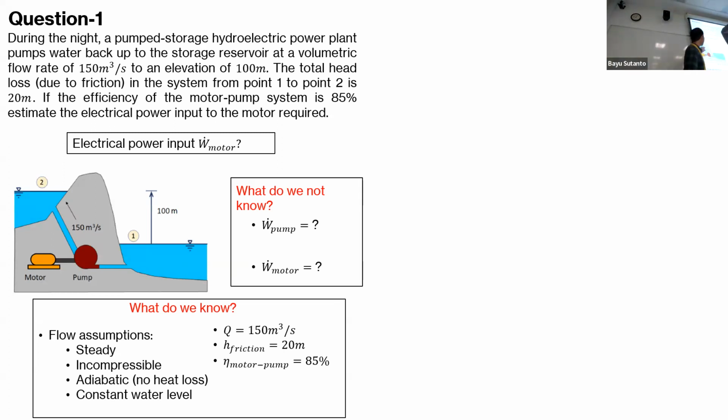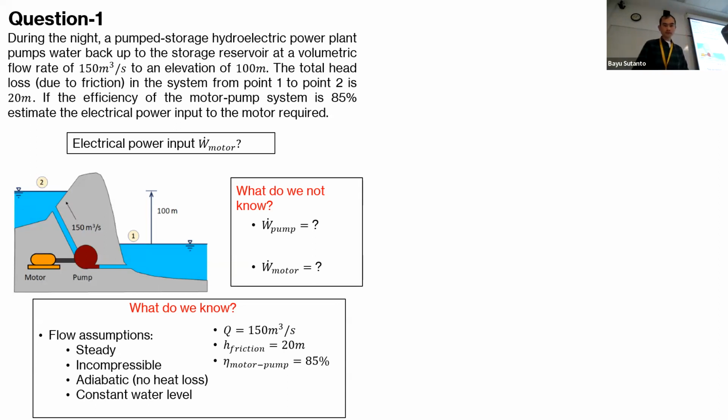And then the total head loss due to the friction, because we have pumping here, so the losses are 20 meters. And the efficiency of the motor pump is 85%. We need to estimate the electrical power input to the motor required.